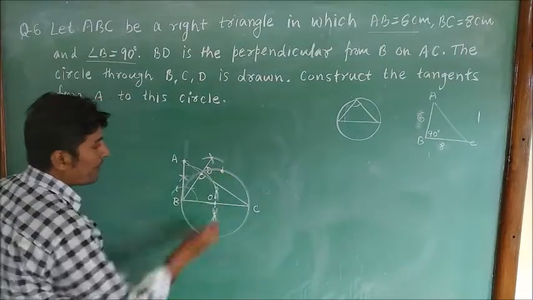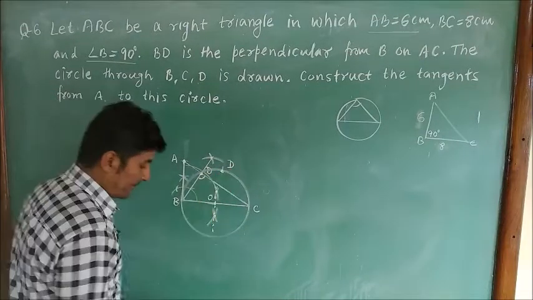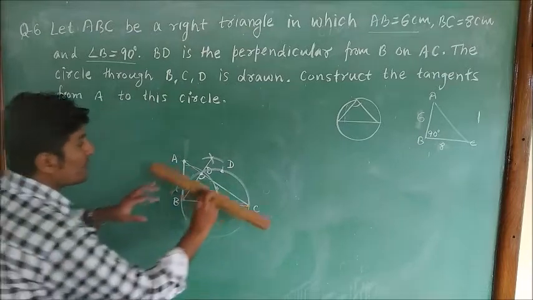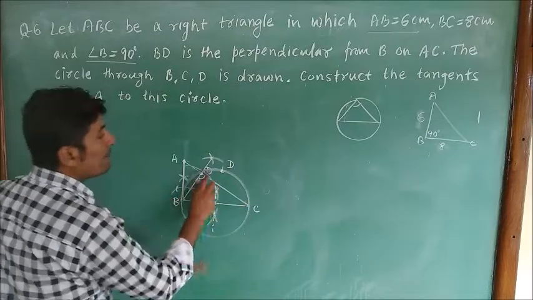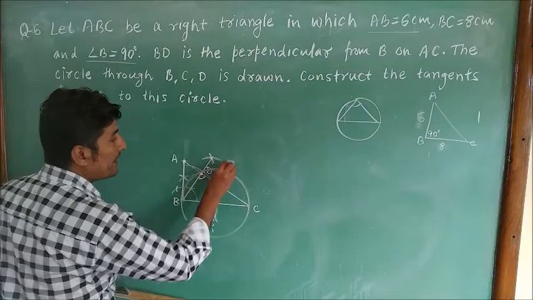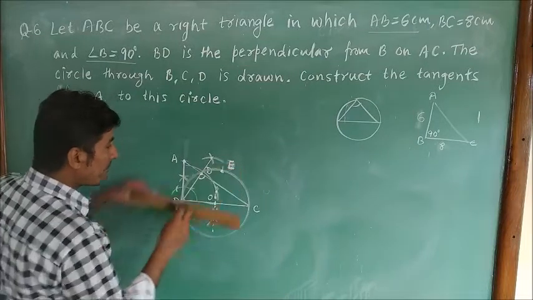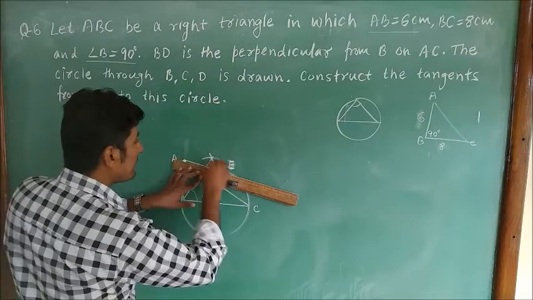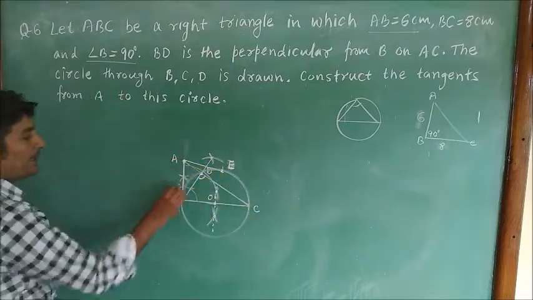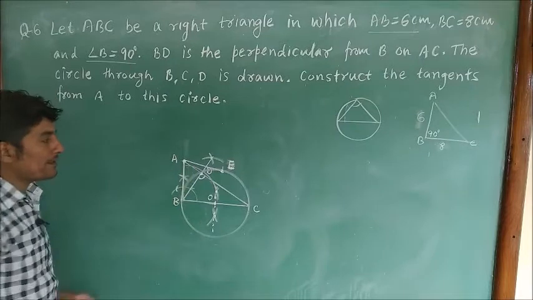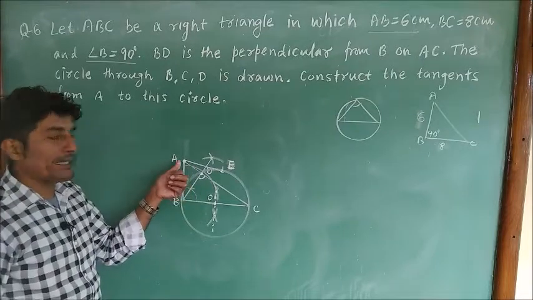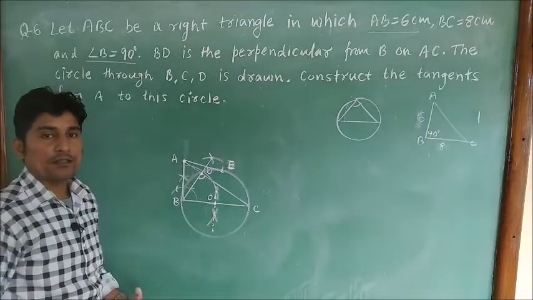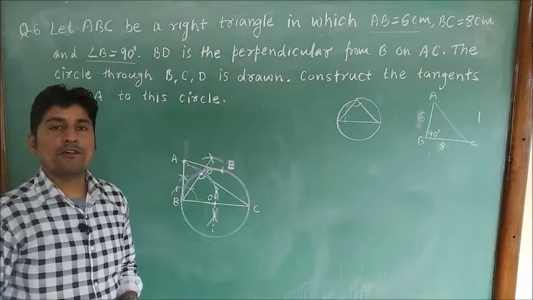Suppose the name of this point I have taken as D. So we have to join A to D also. Sorry, point D is already there, so we can take another point E. We have to join A to E also. So AB and AE are the tangents which are drawn from point A to the circle. So this is the final solution of this question.